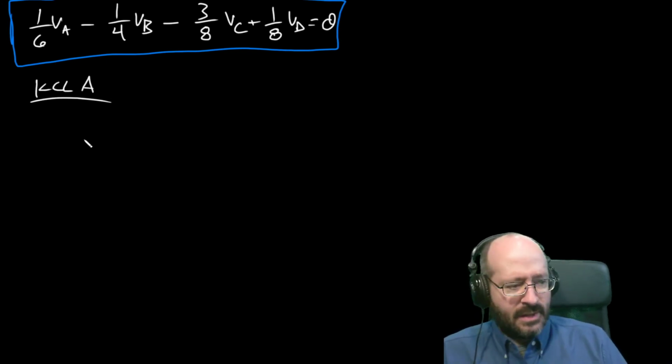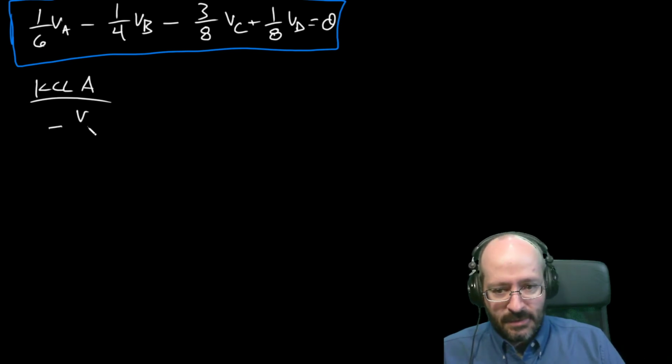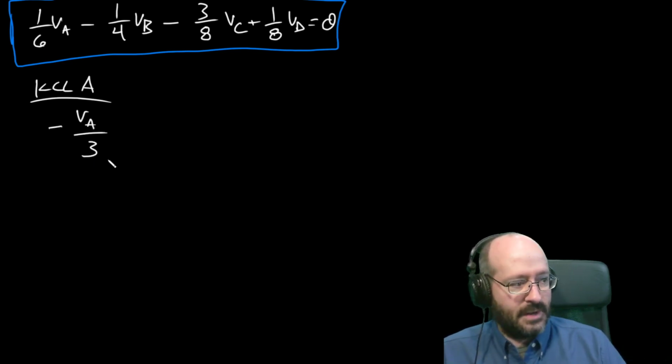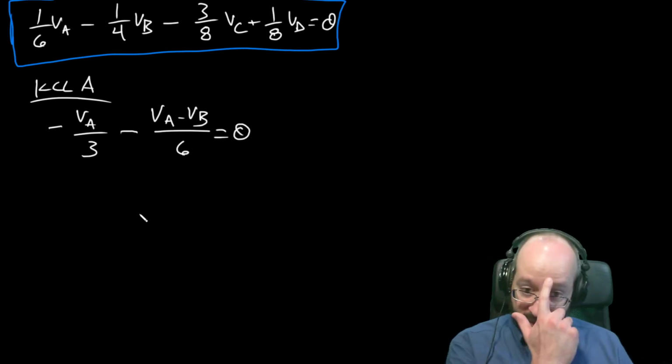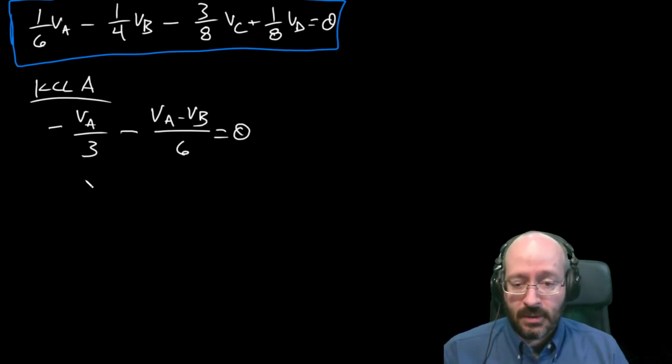Okay, so KCL for A, it's going to be leaving, and it's going to be VA minus 0 over 3. And then the current through R2 is also leaving, and it's going to be VA minus VB over 6. Okay, and that's all of my currents for that one, so it's equal to 0.